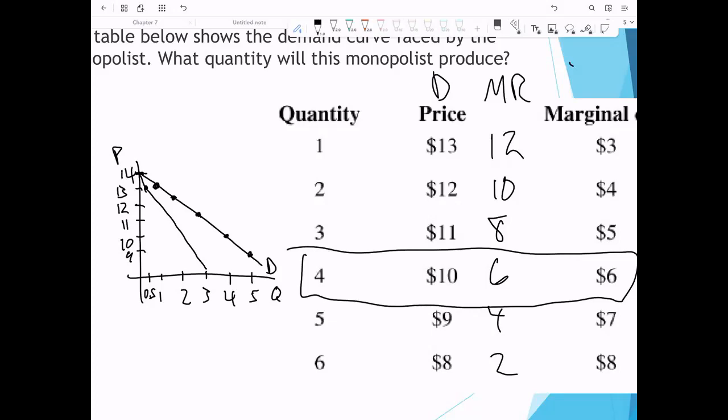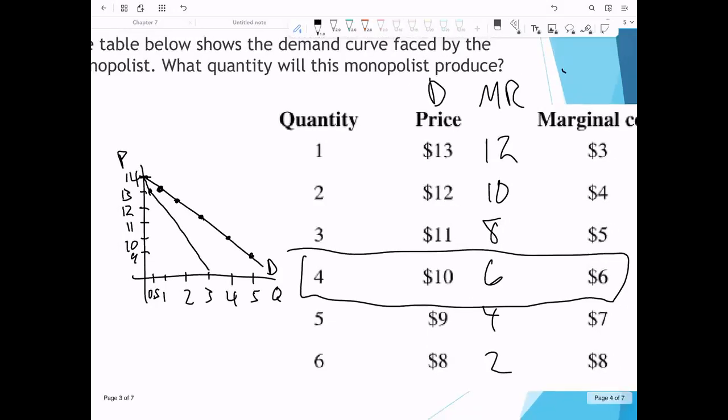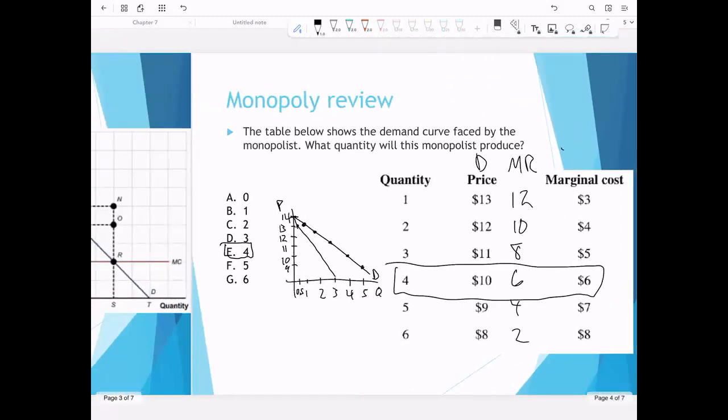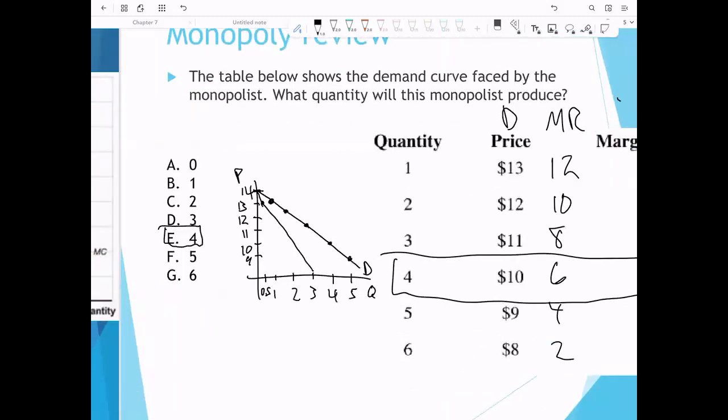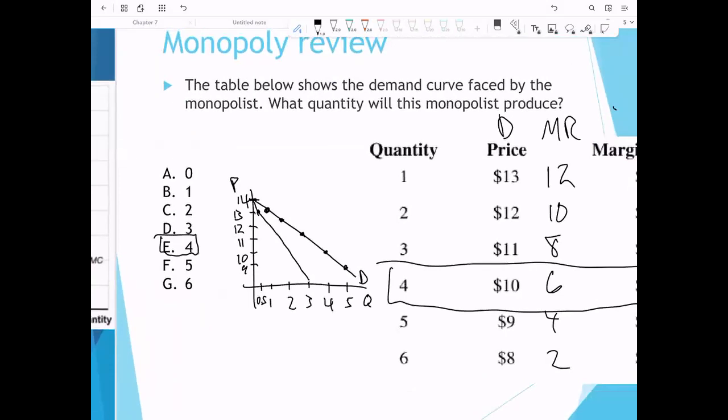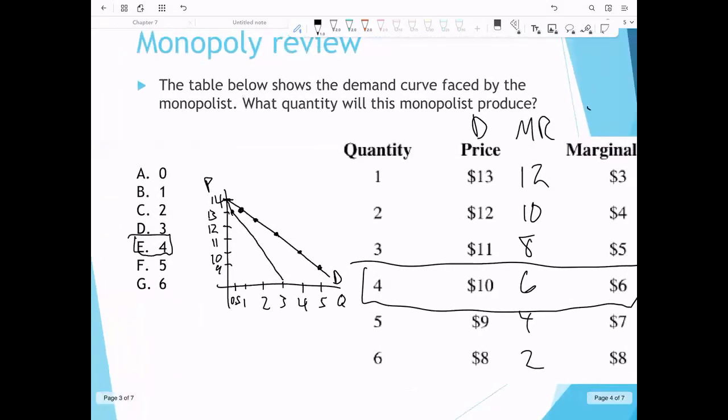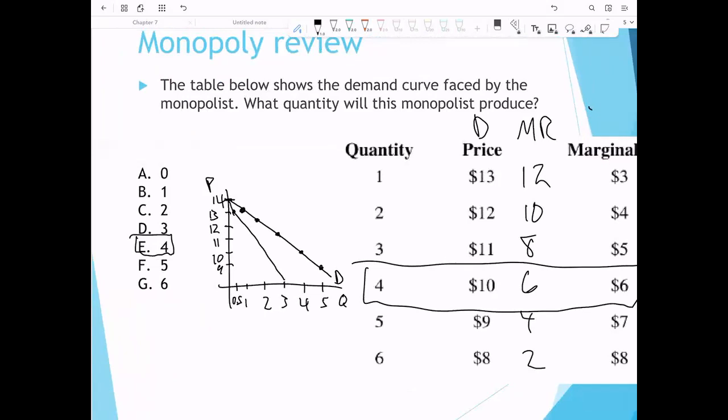Is that helpful? Okay. And so that's what this question is trying to get at. If you're just given a demand curve, do you know how to get the marginal revenue curve? And it's like hitting at something from unit 1 as well, which is the demand schedule stuff that we've talked about, okay? And then finally, the last part of this question, it's like, well, do you know how to find the profit maximizing quantity? So it's looking at a bunch of different things here.